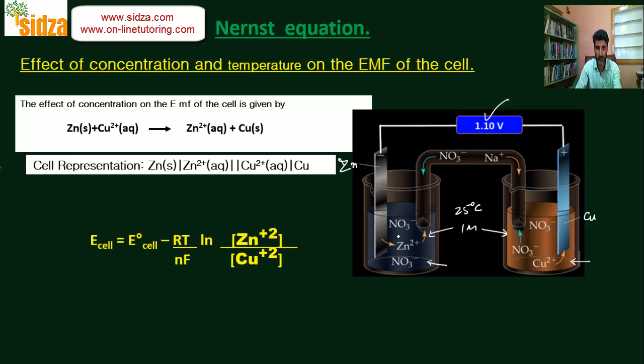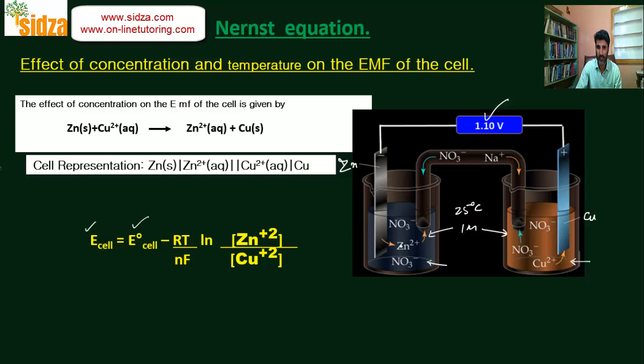The Nernst equation says that the EMF of the cell at any concentration will be equal to the EMF of the cell under the standard conditions minus RT by nF ln the concentration of the zinc ions.